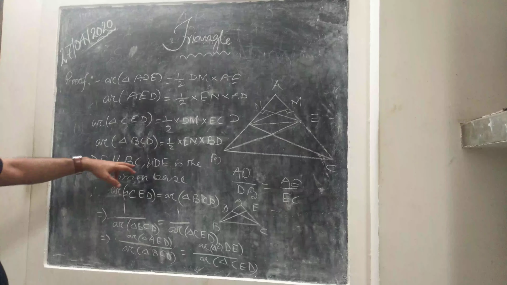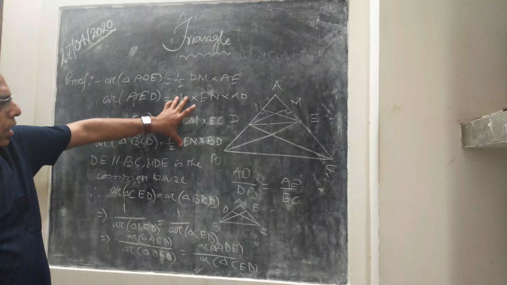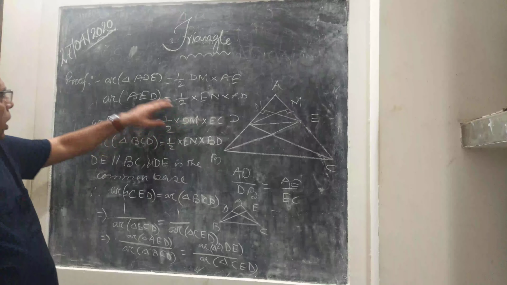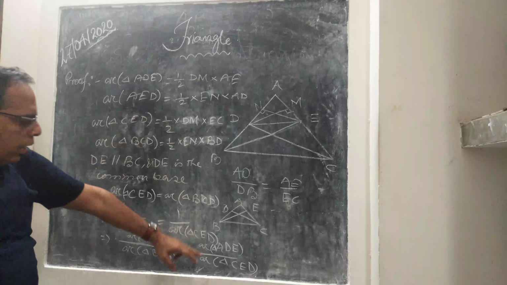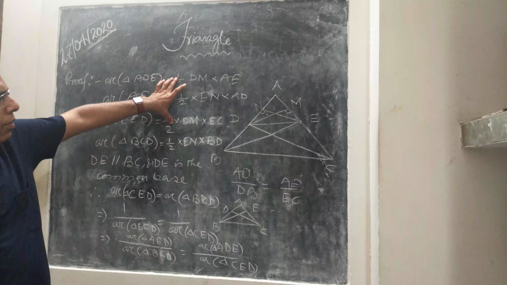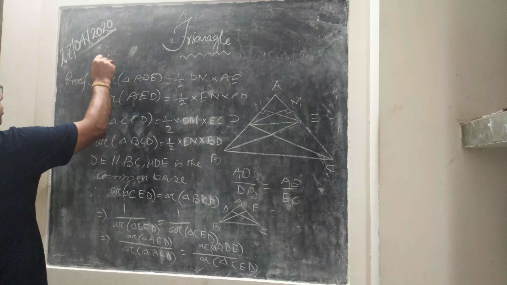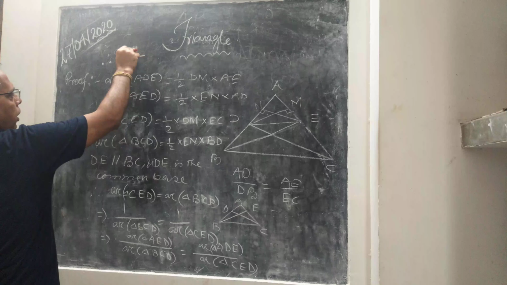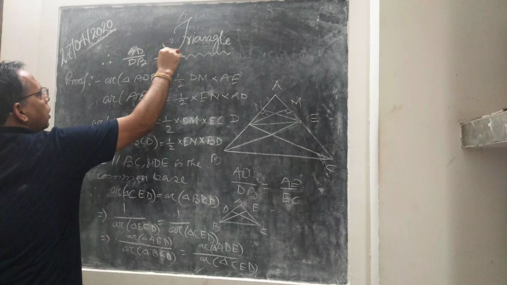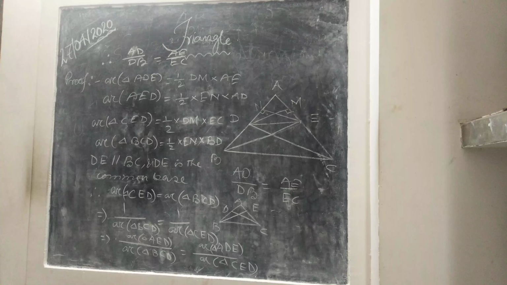So what is BCD? Half into EN into BD. So see, half EN cancel, AD by BD. Then on the next side, ADE is half DM into AD. And CED is how much? Half DM into EC. So half DM cancel, AE by EC. So therefore, AD by DB equal to AE by EC. This is done. Clear?